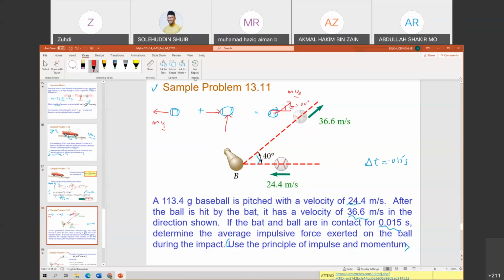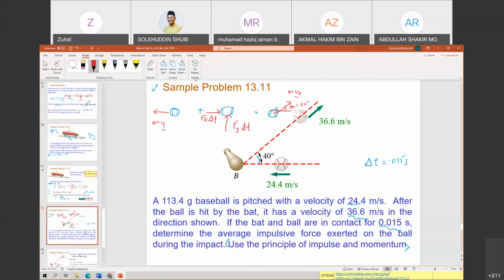So we have Fx, short period of time, delta t, and then we have Fy, also delta t. This is the first diagram.